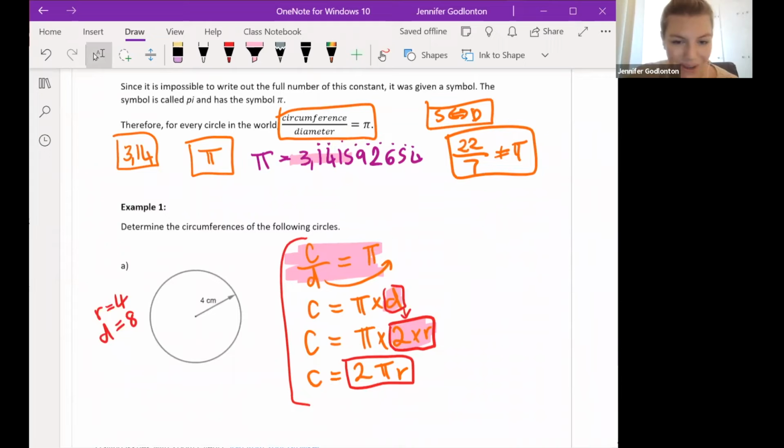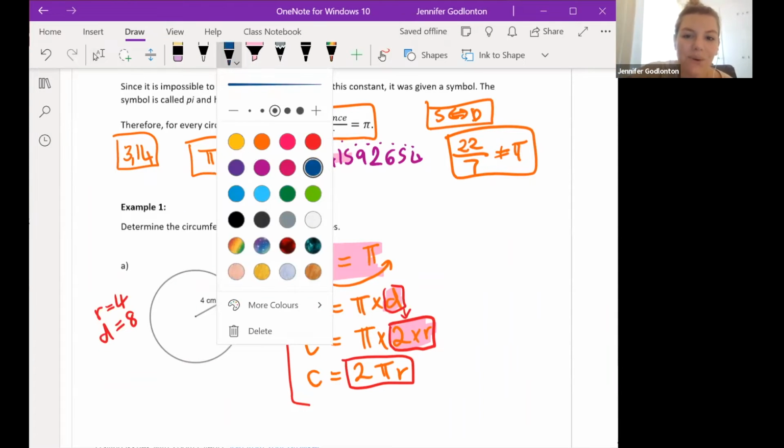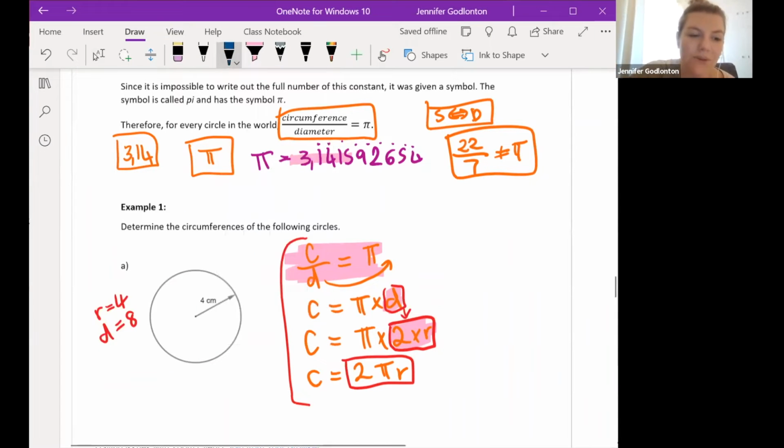Okay. So in this question, if I'm wanting to work out what my circumference is, remember your circumference is the whole outside of your circle. My circumference is going to equal, I can use any one of these formulas. So I want you to use the one that you feel most comfortable with, the one that you've been asked to use in school.